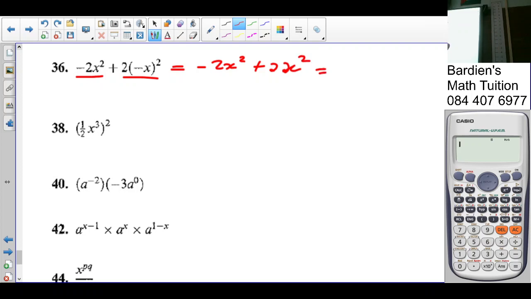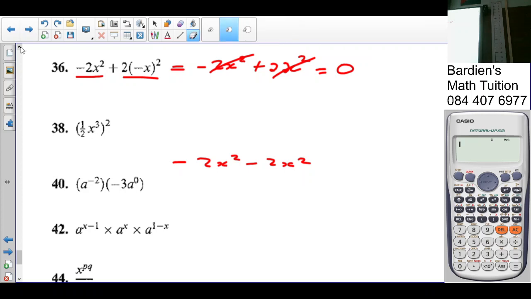So what is negative 2x squared plus 2x squared? Cancel. 0 there. They will only cancel if they're the same, provided one is plus and one is minus. If I had negative 2x squared minus 2x squared, what would that have been? Negative 4x squared. So sometimes learners cancel that also, which is not the case. That's a shame. It happens to the best of you.